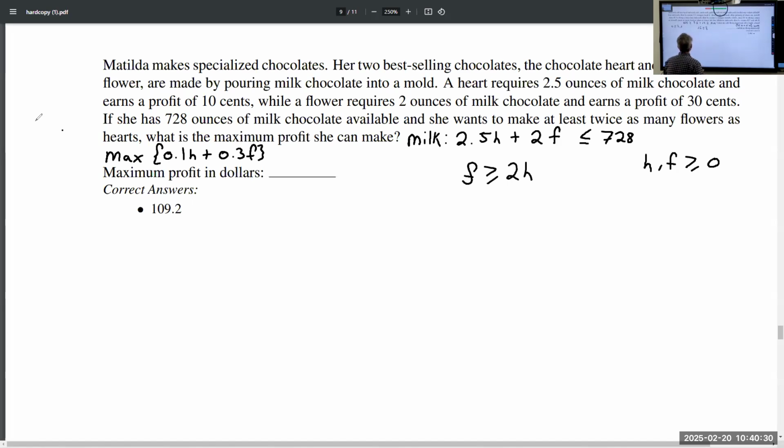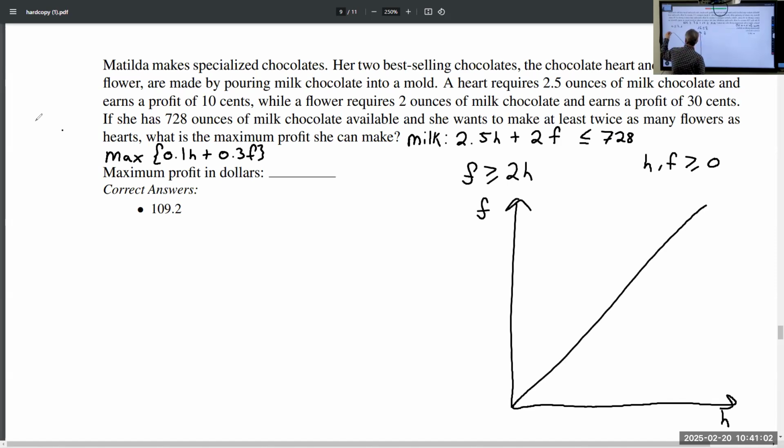Not really. Now, what makes me really sad is that we just have this Flower equals 2h, and those, for me, are always harder to graph, because that means you just have a line that's sticking out this way.